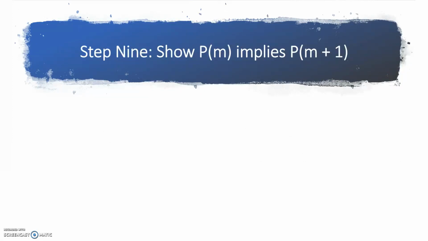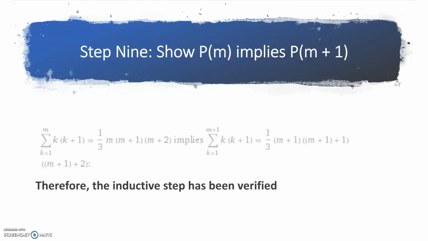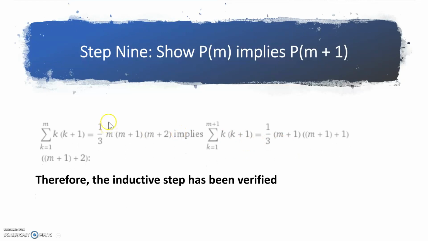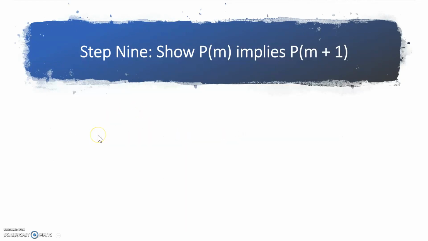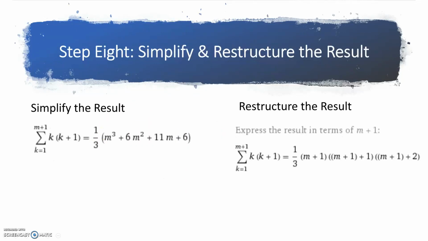And then we come to our step 9, show Pm implies Pm plus 1. How can we do that? After we refactor, we found that m plus 1 takes the place of m.